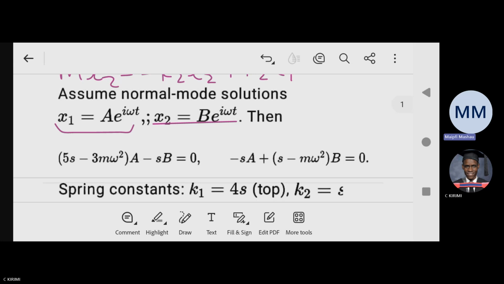So there, the equation said 5s minus x1. So now, are you using that equation where you differentiated in terms of t, you differentiate twice? Are you using it there?